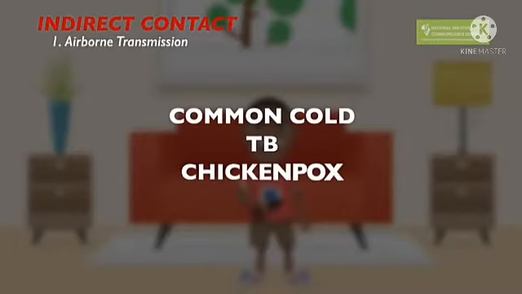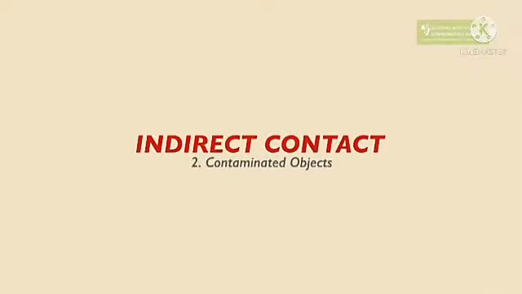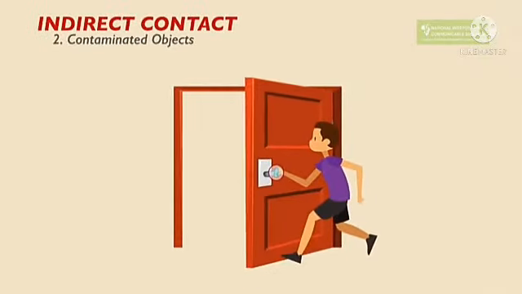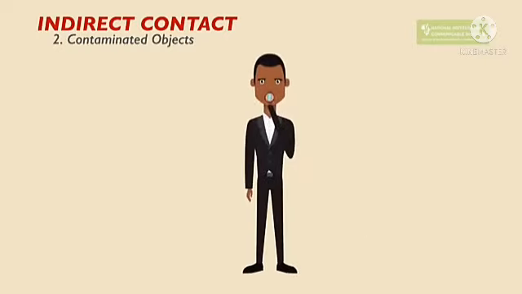Common cold, TB, chickenpox. These are some of the diseases that can be spread through indirect contact through the air. Even touching a doorknob, just by opening a door that was already opened by an infected person, can get an uninfected person infected.